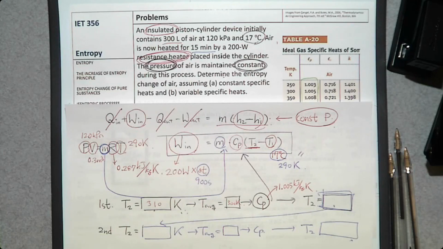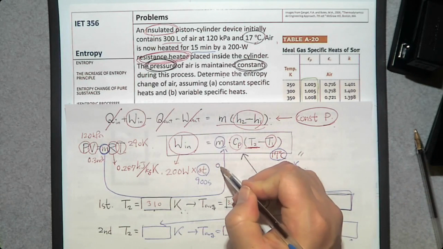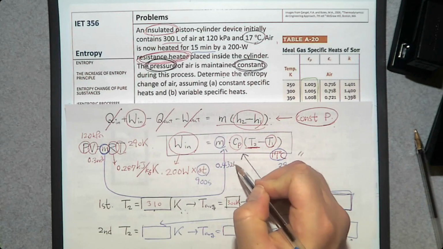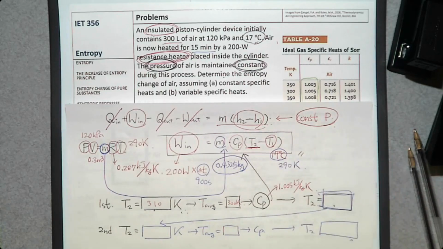Okay, so let's calculate the mass. 120 times 0.3 divided by 0.287 divided by 290. Then the mass is going to be 0.4325 kilogram. Okay, then let's solve this problem.